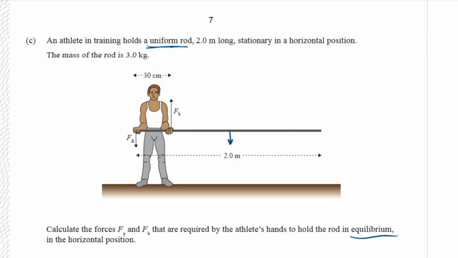Since it's uniform, in fact this one is exactly in the center, and it has a mass of 3 kgs, so it has a weight force of 3 times 9.8, which is 30 minus 0.6, 29.4 newtons. So that is the weight force of the rod.